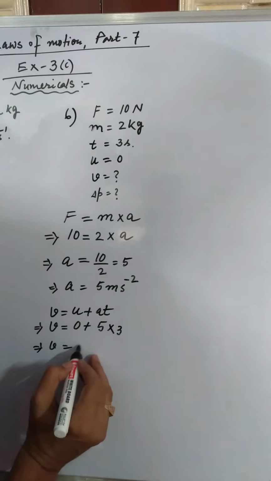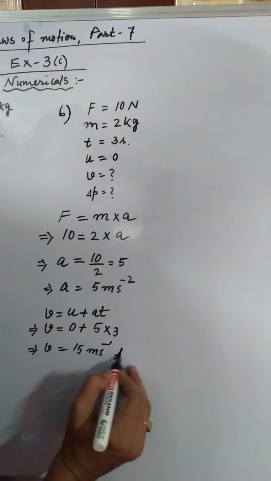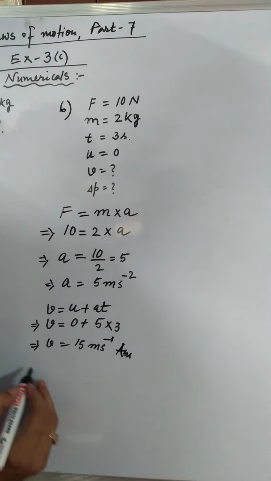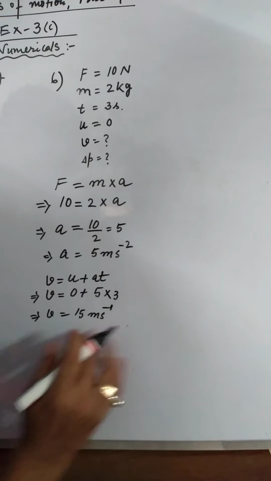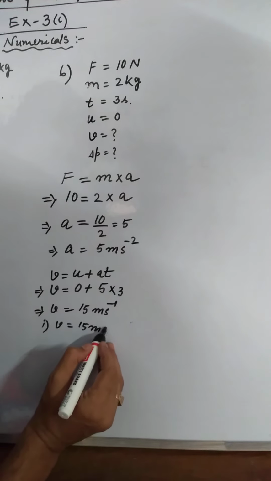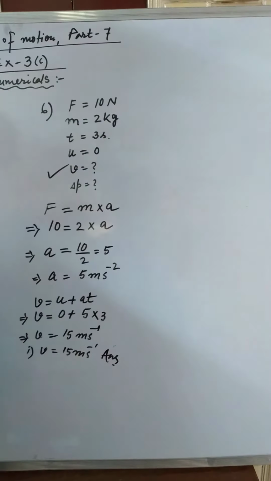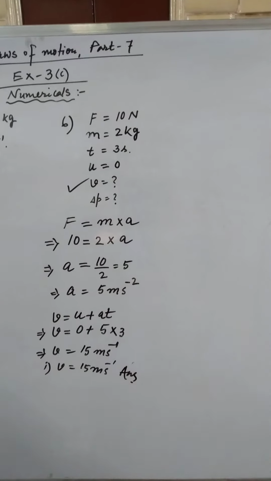So 5 into 3, 15. So the final velocity of the body is 15 meter per second. Here it is, the answer of the first question, v is equal to 15 meter per second.